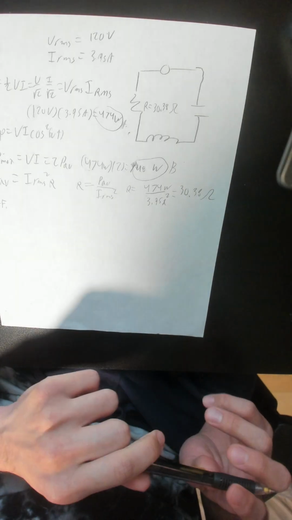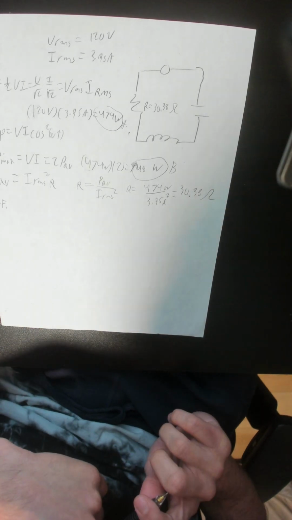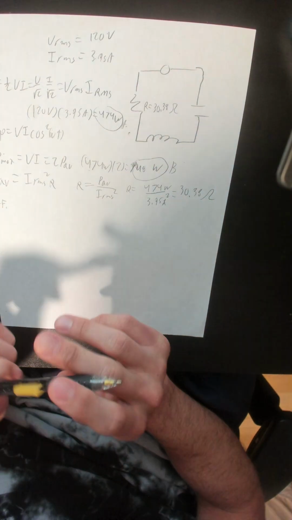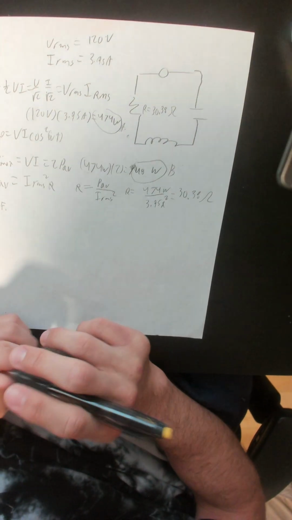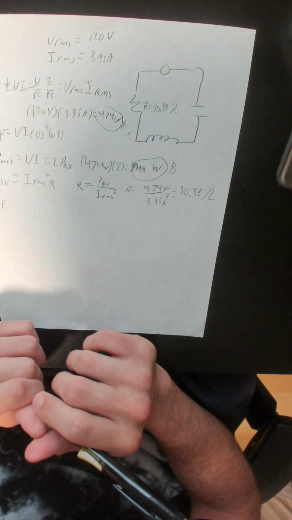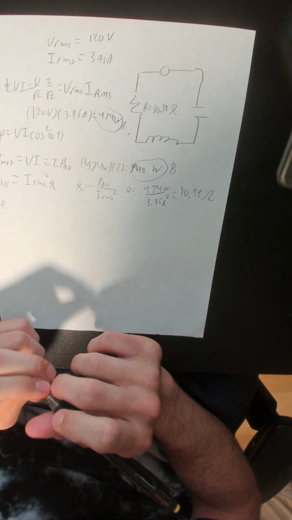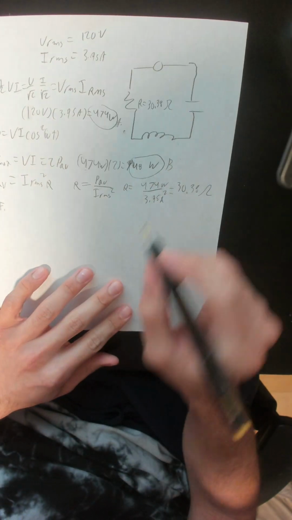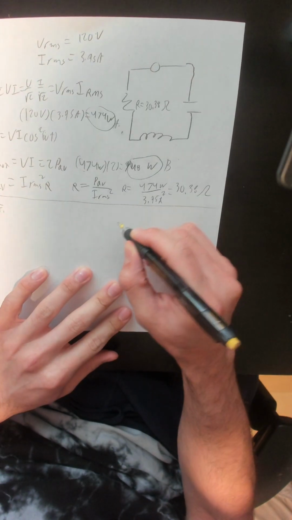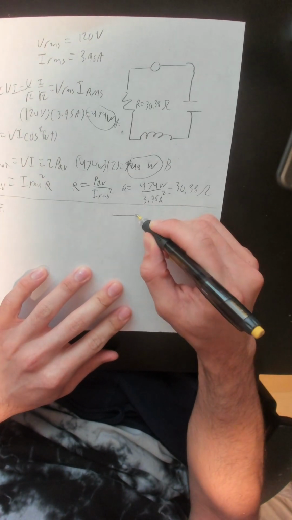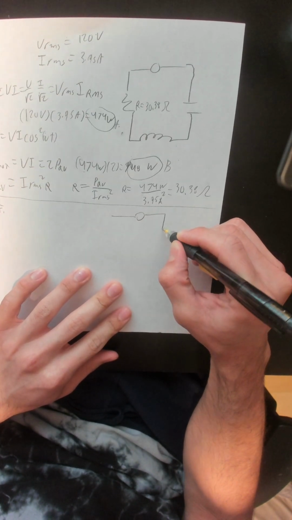For part D, we're trying to find the inductive and capacitive reactances. Let's draw our little diagram again.